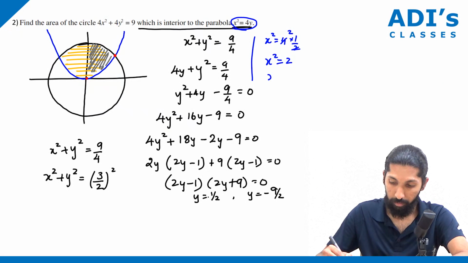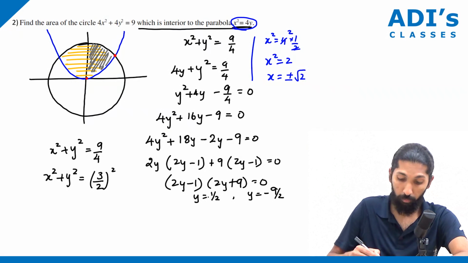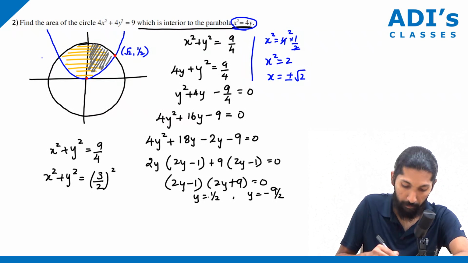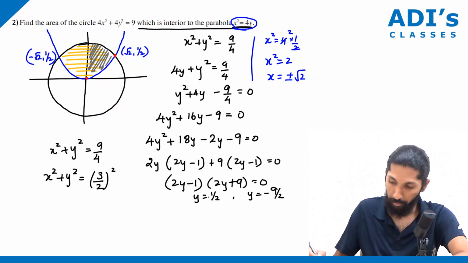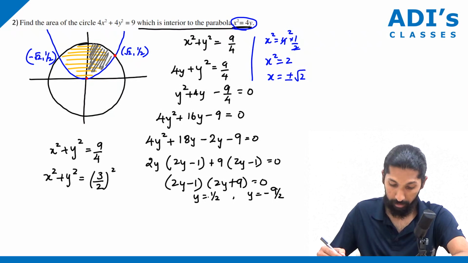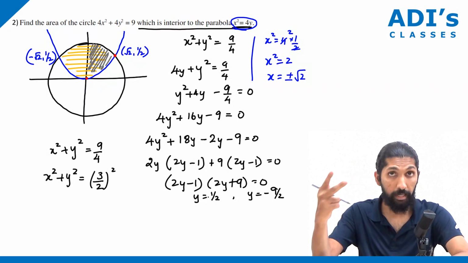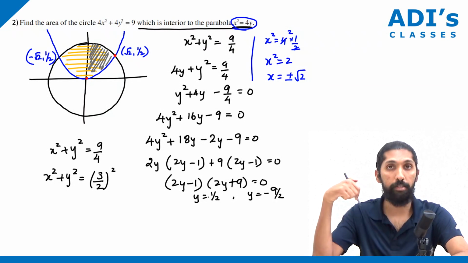So x square is 2, x is plus or minus root 2. So now what are the points? Root 2 comma half, minus root 2 comma half. Now we have the points. First, draw the graph. Second, plot the points.